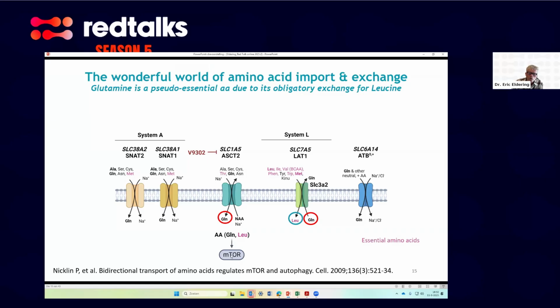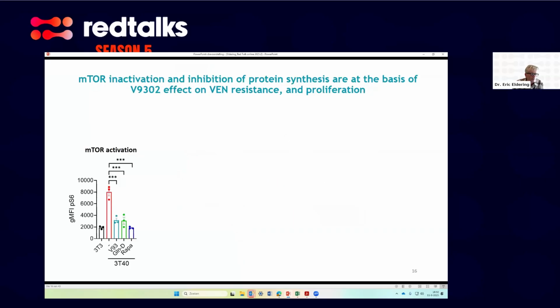So now we wanted to study, if we use the V9302, what are the effects on mTOR activity and protein synthesis in the cell. So these are the next couple of experiments. Again, we use the system of CD40 stimulation in this case.